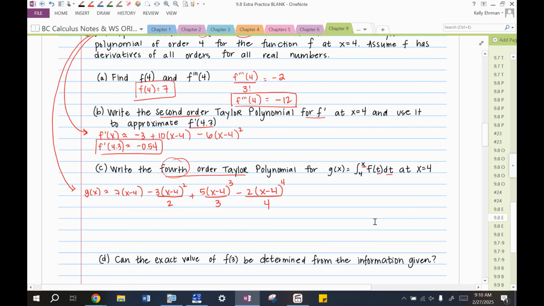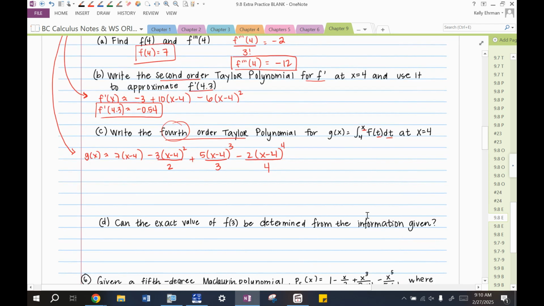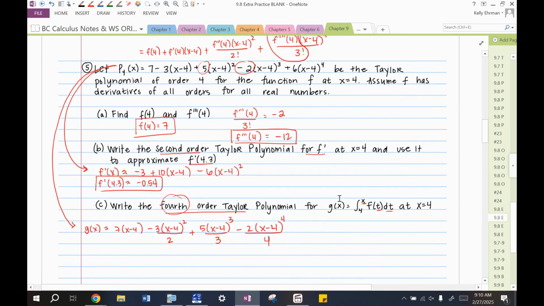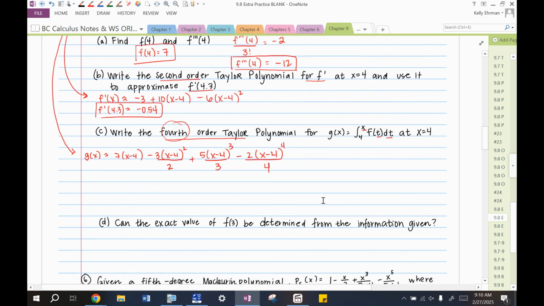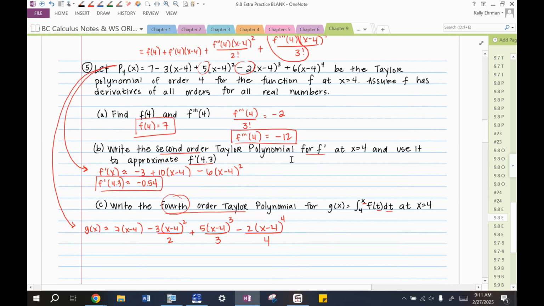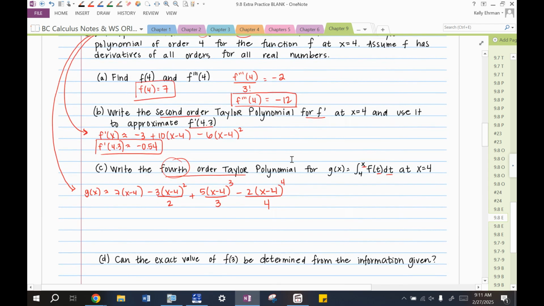And it just says to write that fourth order Taylor polynomial, so I don't think I need anything extra. I'm looking at my answer key that I printed out, and I had like a little exclamation point there, but that's not right. It should just be over 4. All right, so that's it for part C.